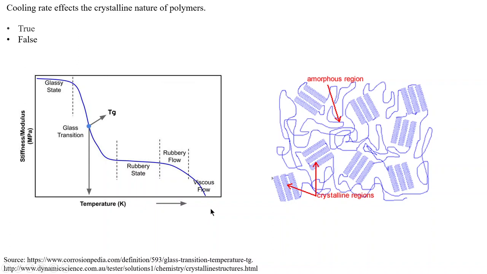So if we take the cooling process, we'll be going down the temperature scale. So we will be reversing back from viscous flow to rubbery state to glass transition to the glassy state. So you can see right here that as temperature increases, definitely the amorphous regions inside a polymeric material will increase and the crystalline zones will reduce.